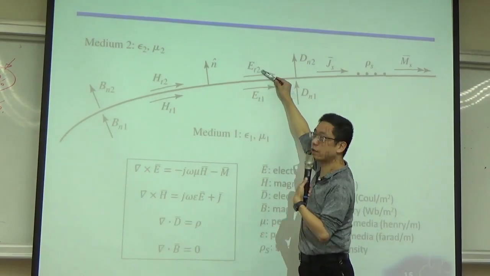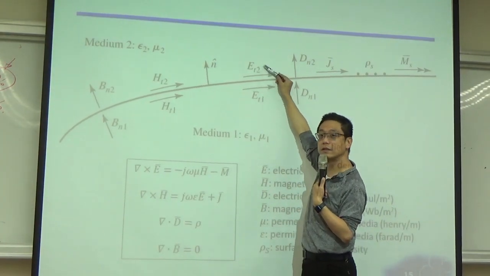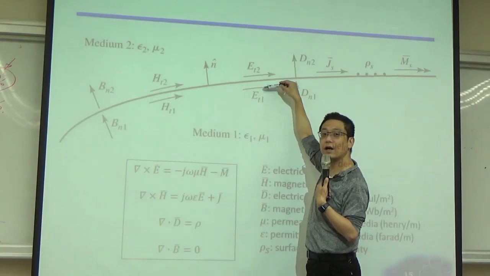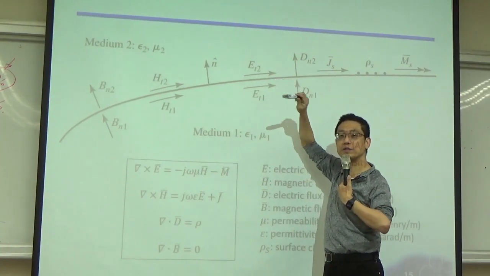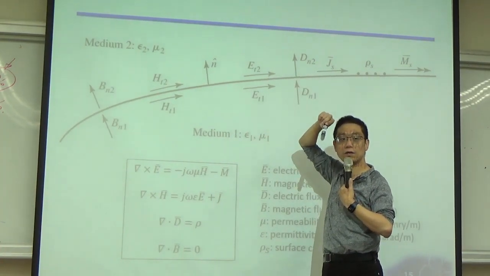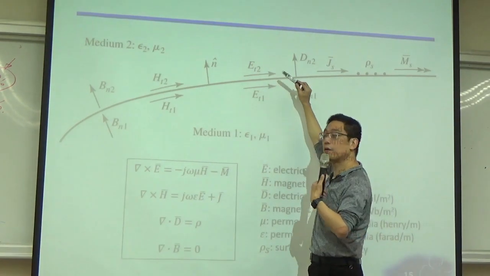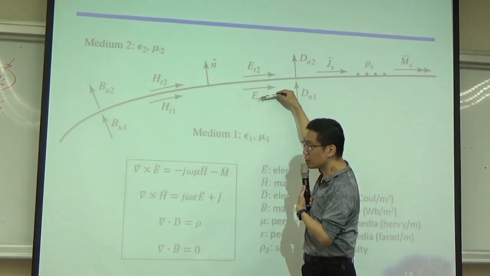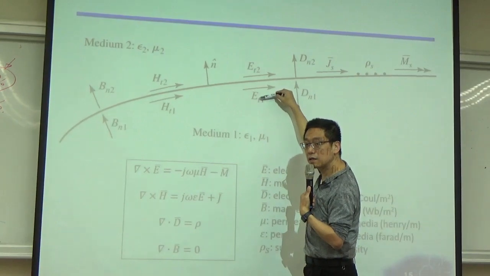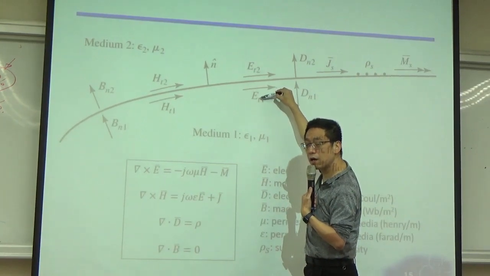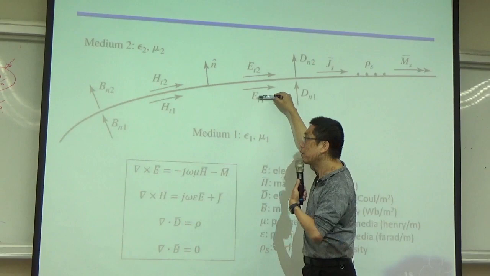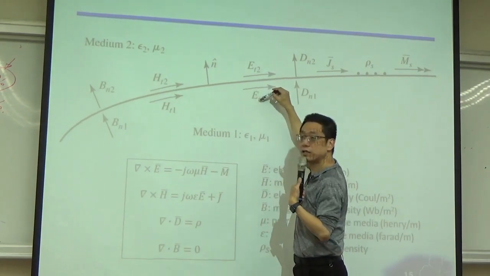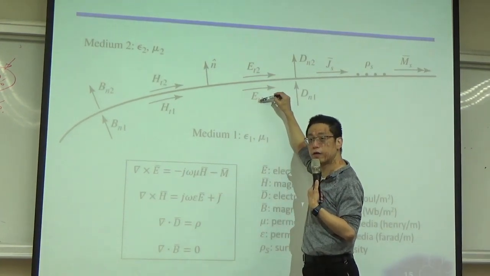How about these two? Can you explain these two again? Now I want to ask Abi because he was here. Maybe you can try next, okay? Yeah, Abi. It's the electric field. Yes, in two mediums. And what does T stand for?